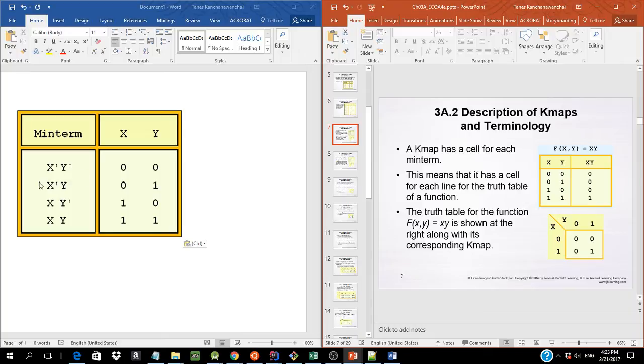But when you substitute x and y, it's going to be 0, if x is 0 and if y is 0. But we just want to say this is going to be a minterm part. Let's not talk about the result here yet.